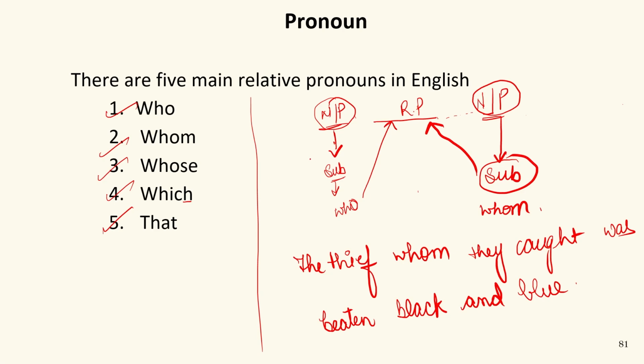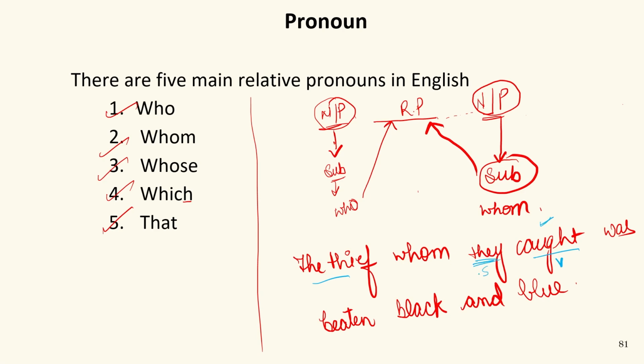Now, if we see the sentence, here we have the words "the thief." And we should keep one thing in mind. We will focus only on the active part of the sentence. If the sentence is in passive voice, that doesn't matter at all. Now, the thief whom they caught. Which action has been done? That is caught. Caught is the verb over here. Who performed this action? They.